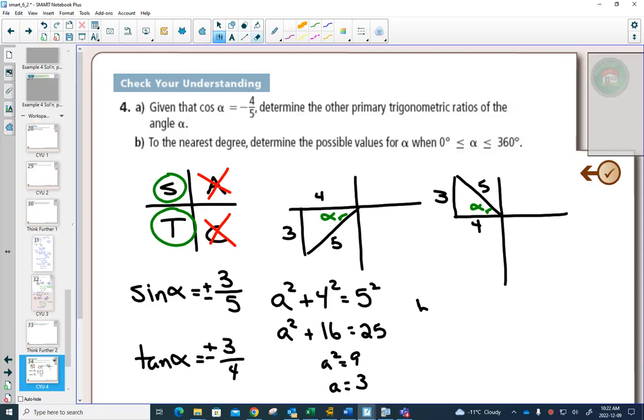And finally, for part B, it says find the angle alpha. We would first use our triangles and find our reference angle. Reference angle always uses positive values. Cos inverse of 4/5. Get my calculator out.